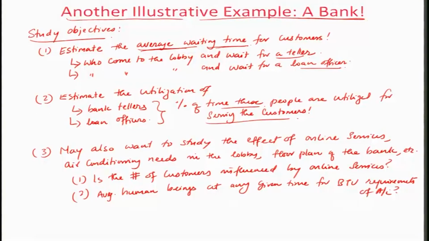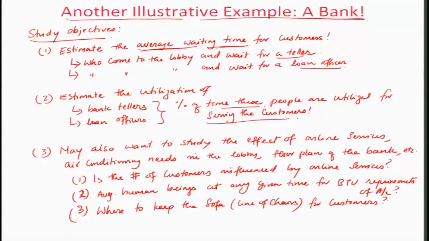So, these kinds of things: what is the floor plan, what is the best way to keep the waiting area, or maybe where to keep the sofa or line of chairs for customers. So, these kinds of questions can also be studied as sub questions.